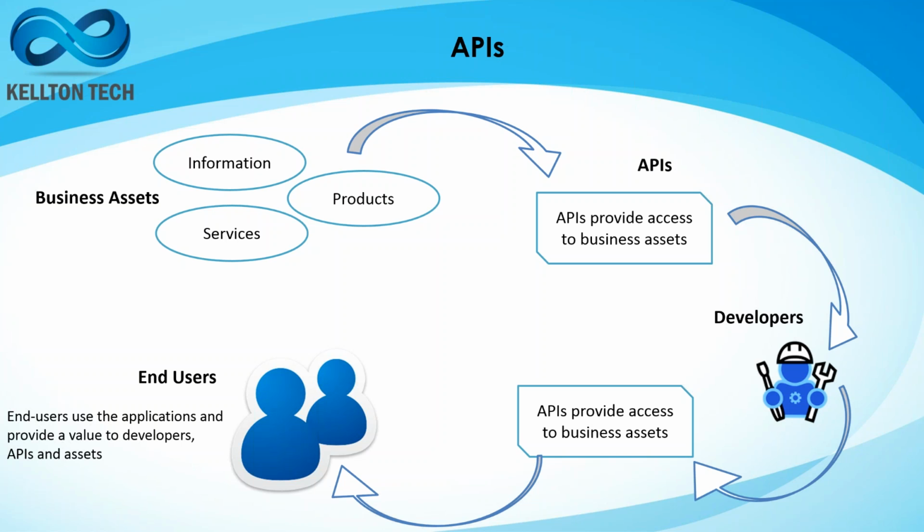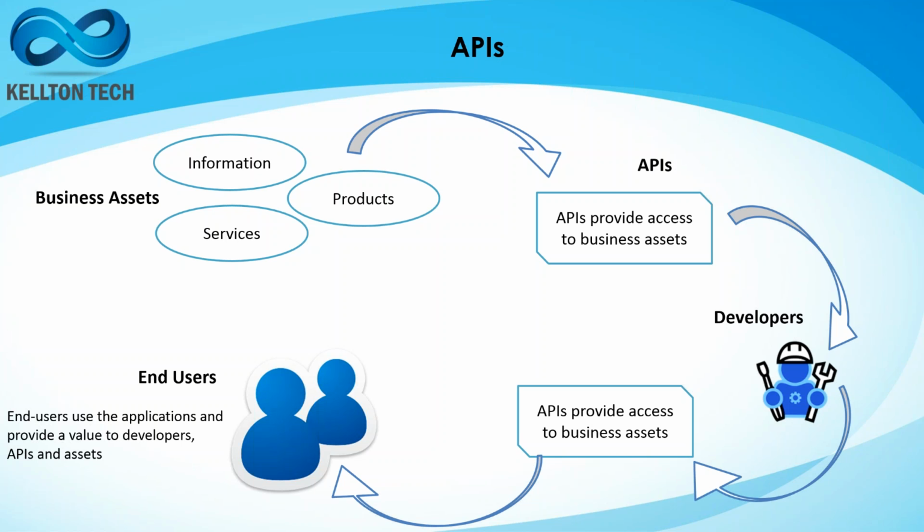Extending the reach of your applications to outside customers will in turn drive more customers and more business to your company, and facilitating access to your applications and assets allows third parties to create novel uses of your business applications.